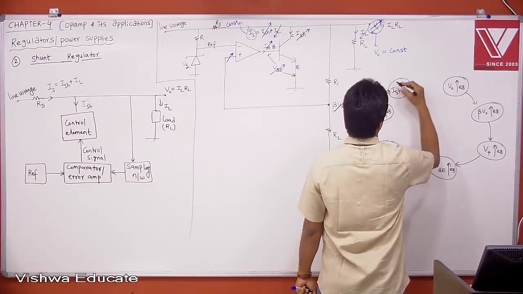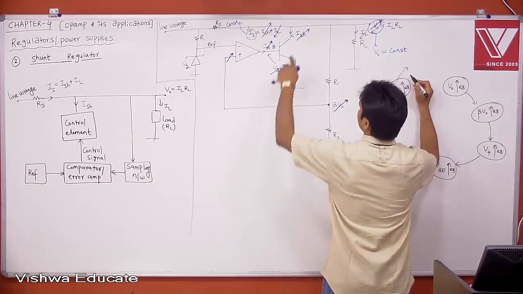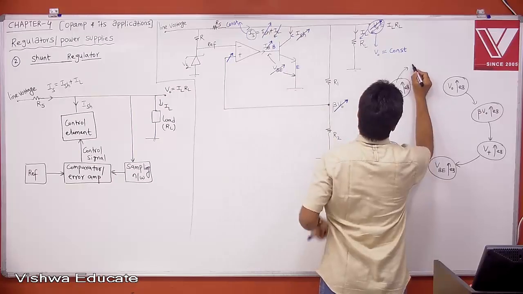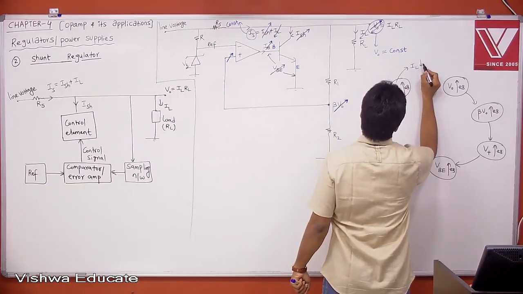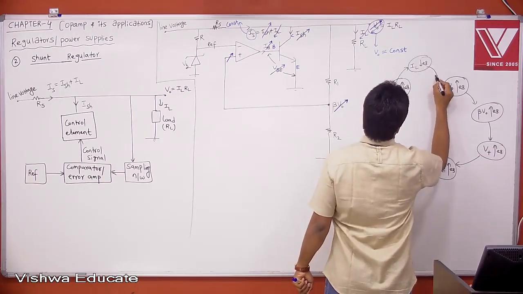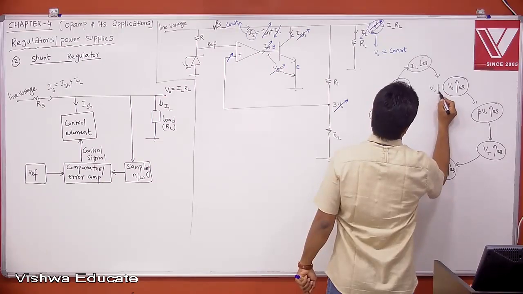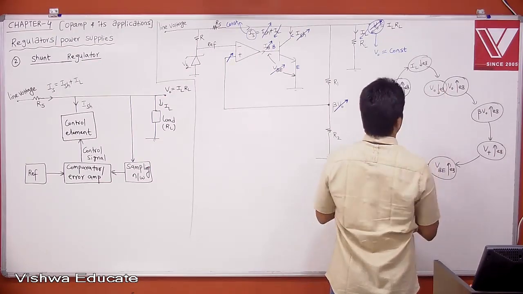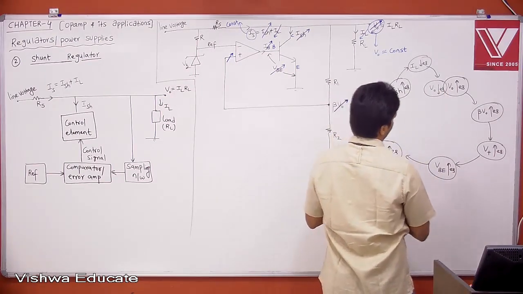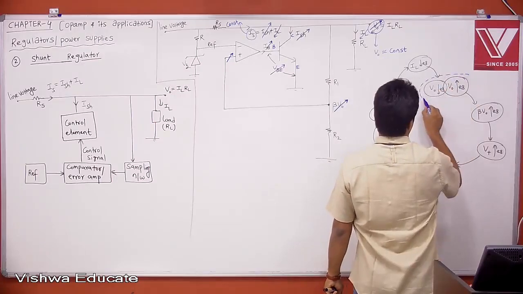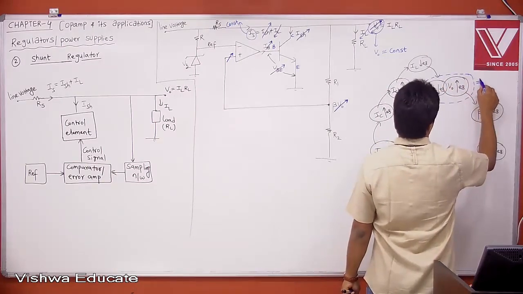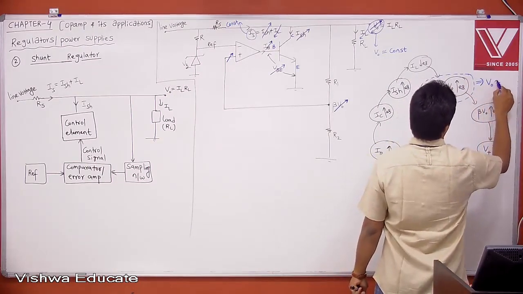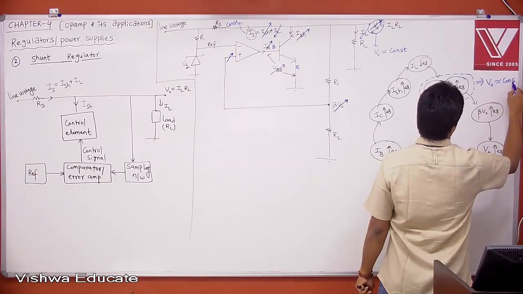When shunt current is increasing, then your load current IL will decrease. When IL is decreasing, then your V0 decreases. Therefore negative feedback is controlling your V0, and this is almost constant.